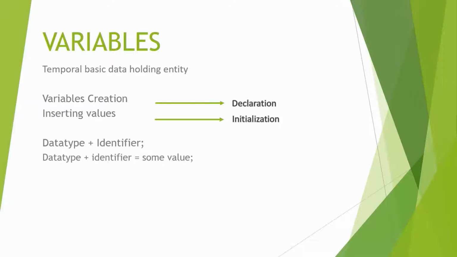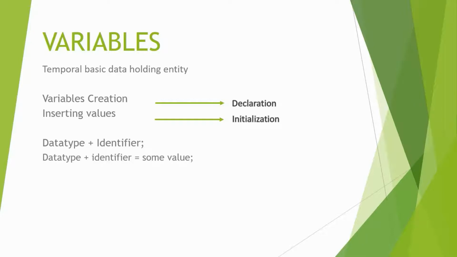The data type is nothing more than the data types that we have learned before. If you don't know them, you can go back and watch that video from this course series. So the data type is followed by an identifier, then the assignment operator equals, and then some value.